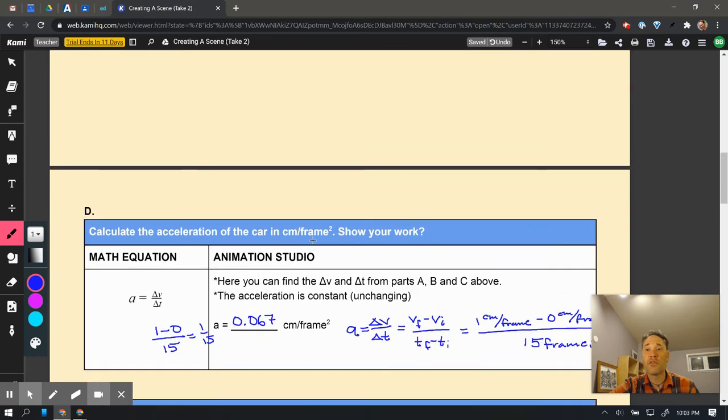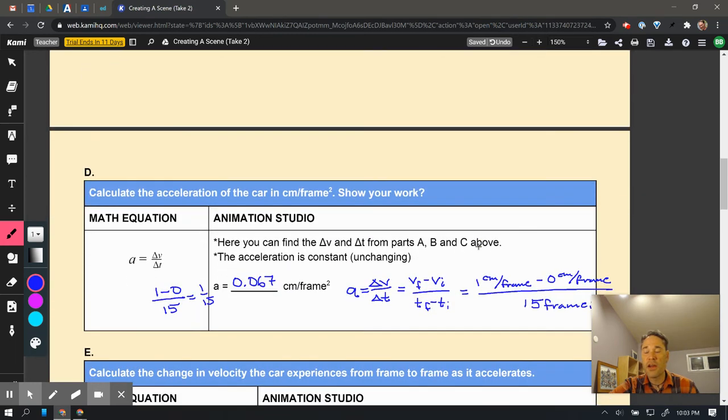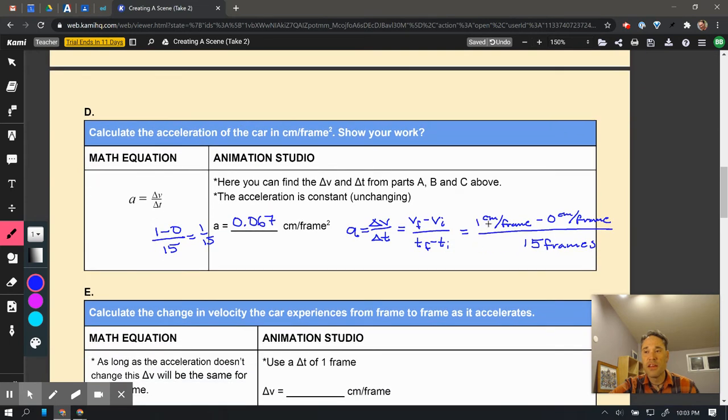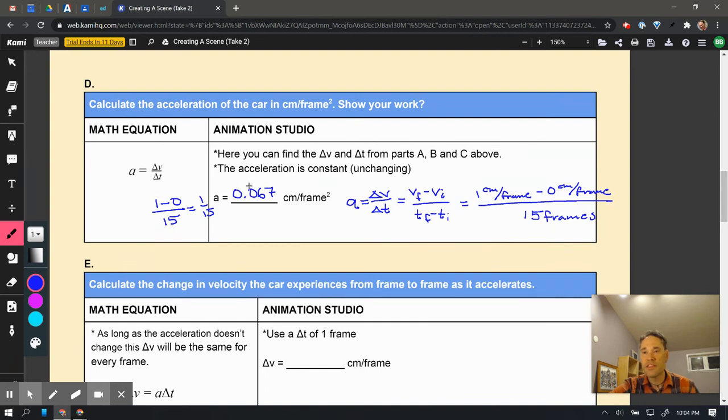I knew that from the number up above, 15 frames. I know that my change in velocity is going from 0 centimeters per frame to 1 centimeter per frame. Those are speeds or velocities in this case. And then I divide these two things out and I get 1 over 15, which is 0.067. All right, so there it is.